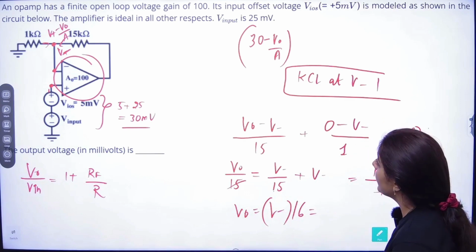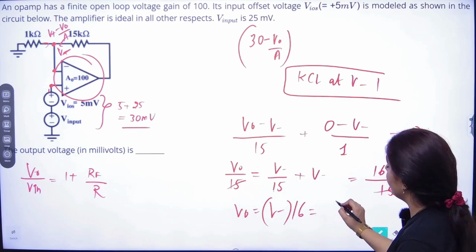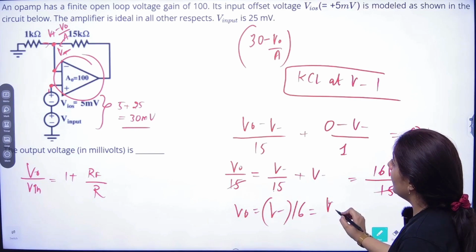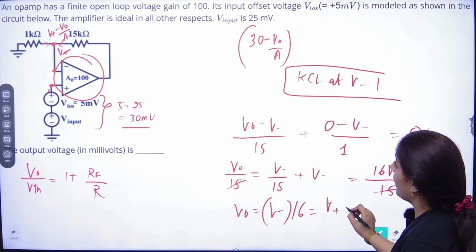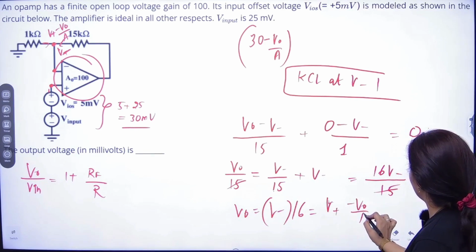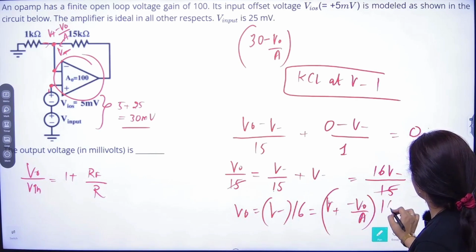So what is this V negative? That will be equal to V positive minus V naught by A, into 16.